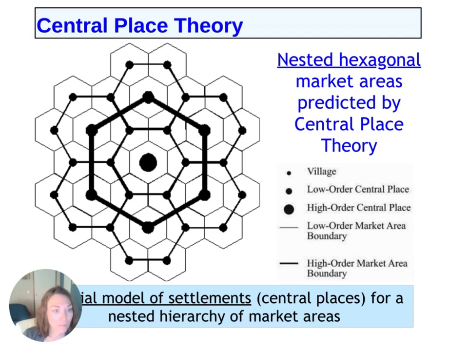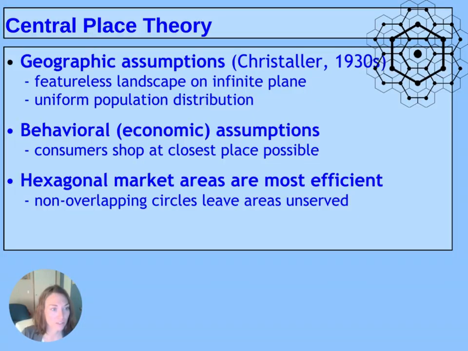And then we're going to have maybe some smaller towns and whatnot. And then we're going to have little villages out on the edge. And it basically is just showing you the distribution of settlements, and it depends on market areas.